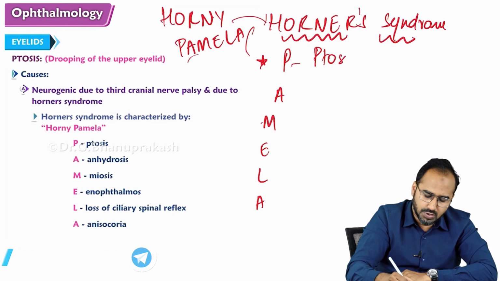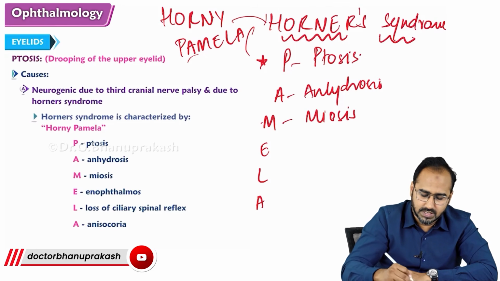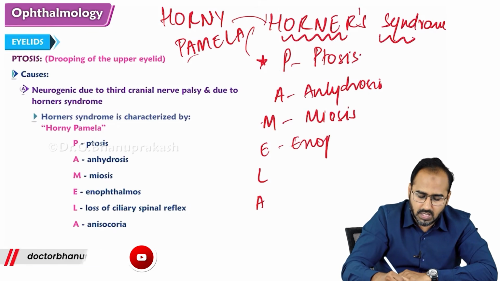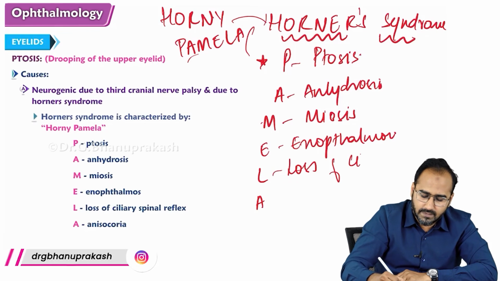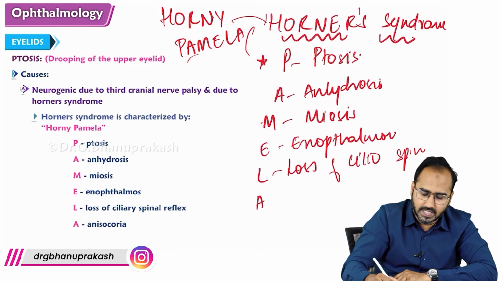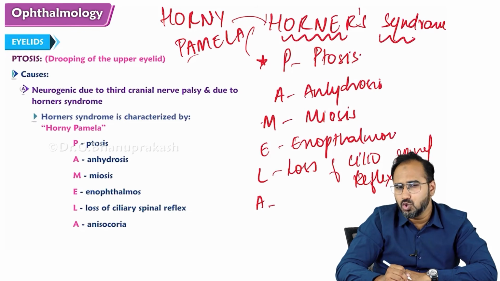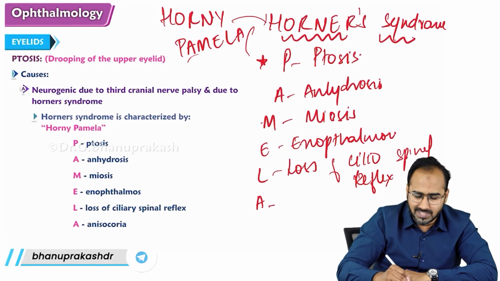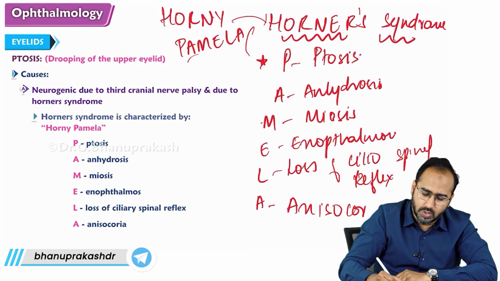P is ptosis. What are the features of Horner's syndrome? Ptosis, anhidrosis, miosis, anophthalmos, loss of ciliospinal reflex, and distortion between the two pupils, that is called anisocoria.